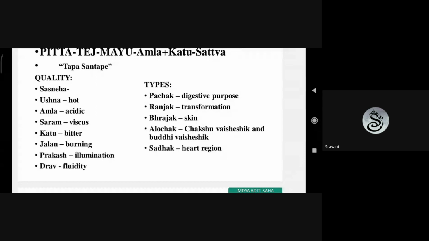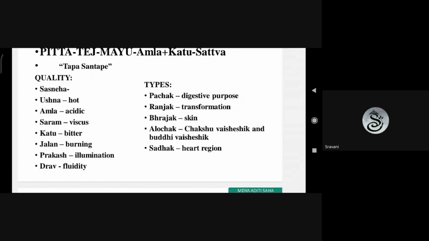Now, Alochak Pitta is of two types, Chakshu Vaisesik and Buddhi Vaisesik. Chakshu Vaisesik Alochak Pitta helps us in vision, and Buddhi Vaisesik Alochak Pitta helps in our brain activities.